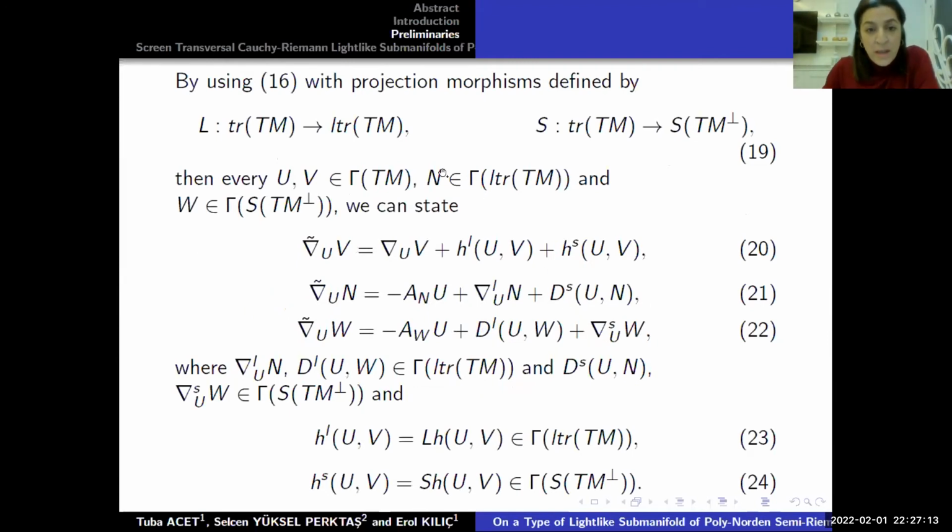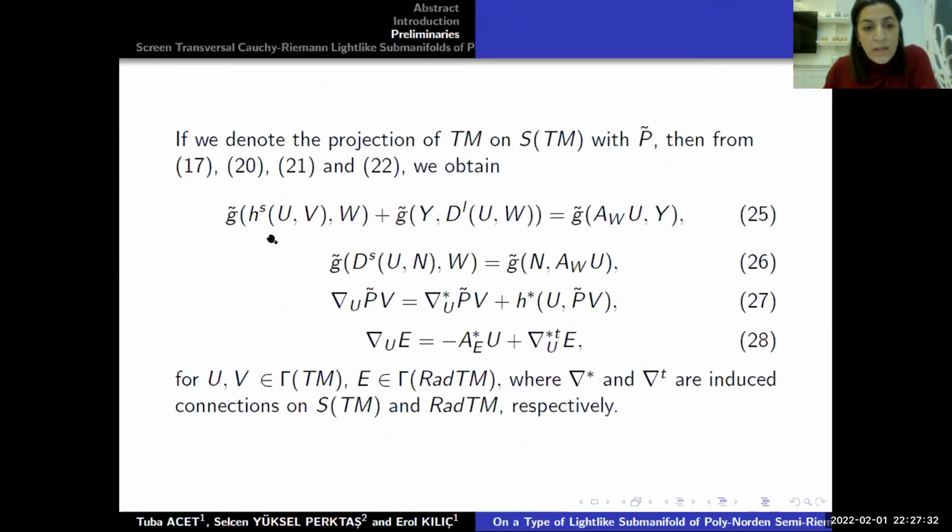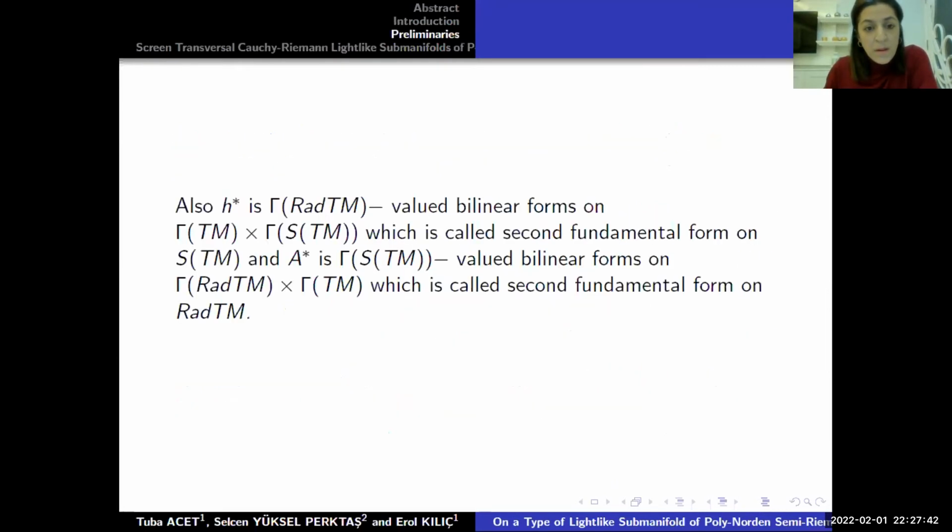By using the projections from the transversal bundle to the lightlike transversal bundle and the transversal bundle to the screen transversal bundle, we can write the Gauss-Weingarten formulas like these equations. Also, there are some relations between the second fundamental forms and the shape operator, and these relations are given here.